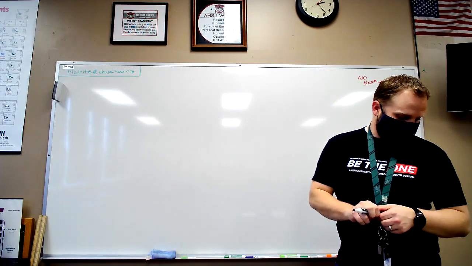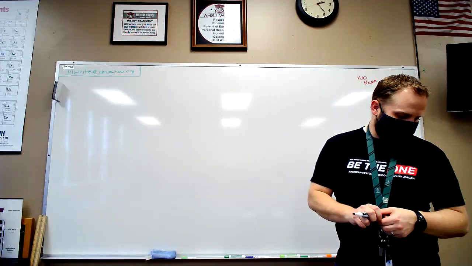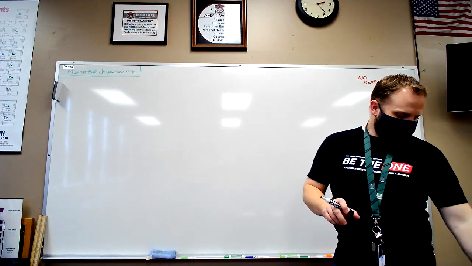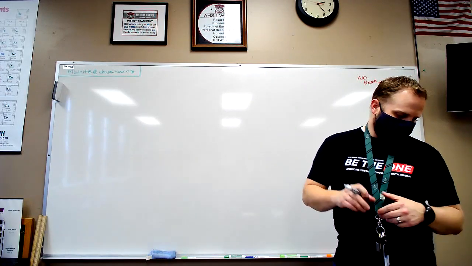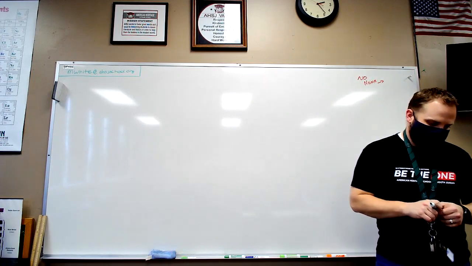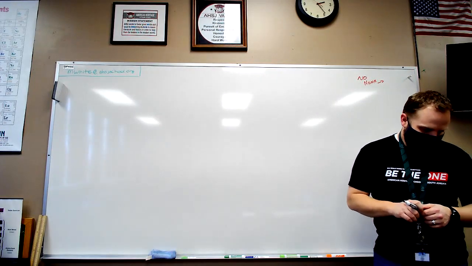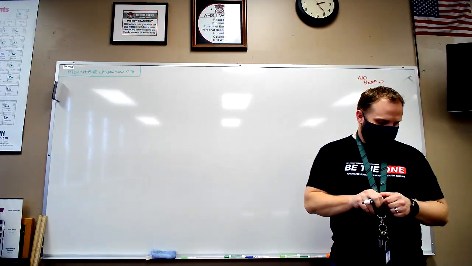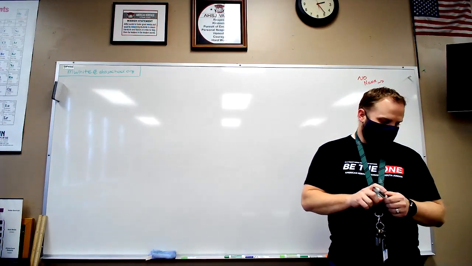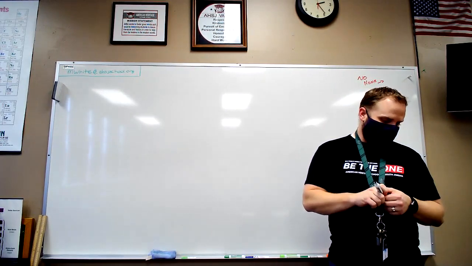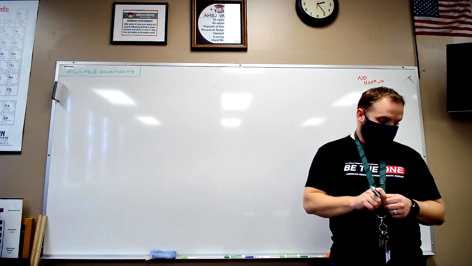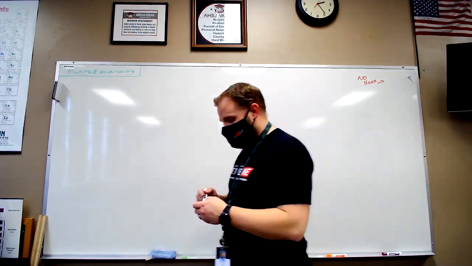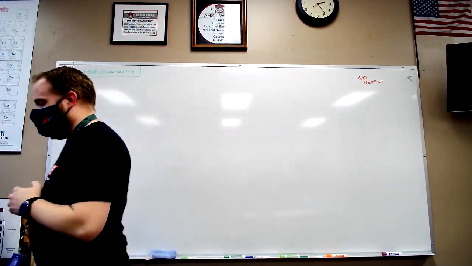Balance the charges in each half reaction by adding electrons as reactants or products. Adjust the coefficients so that the number of electrons lost in oxidation equals the number of electrons gained in reduction. Add the half reactions, cancel or reduce like terms on both sides. Return spectator ions if desired. So now, we're going to go through example problem 5.